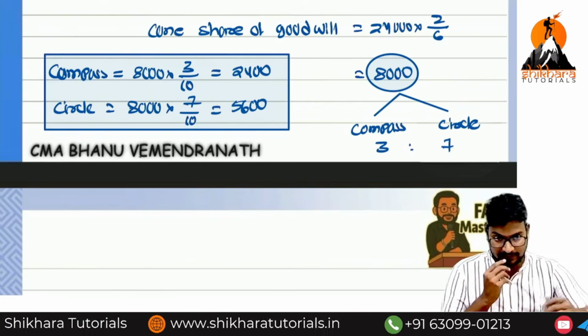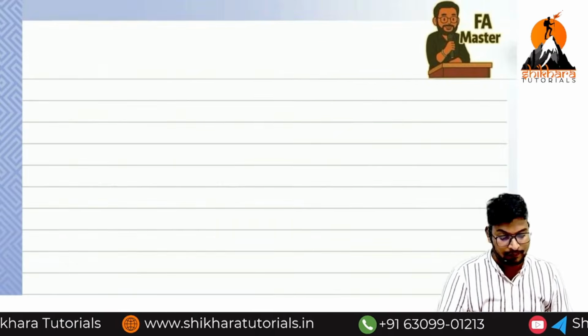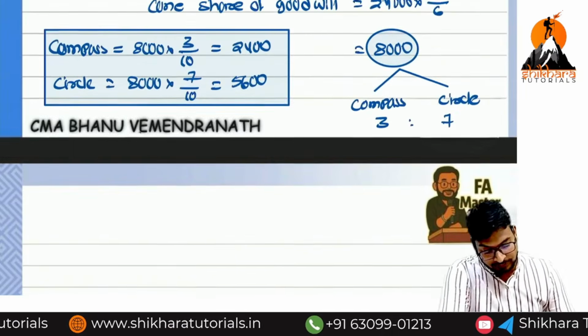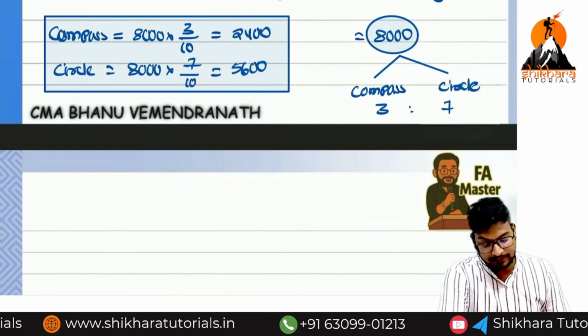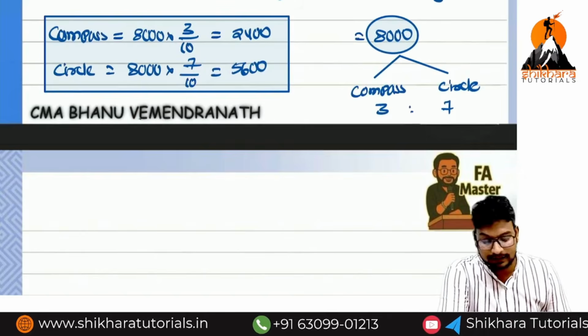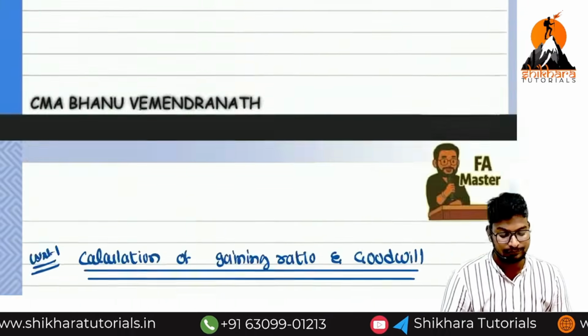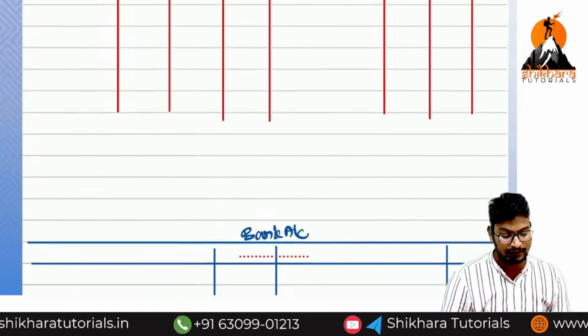Okay guys, what is the entry? Compass capital account debit, Circle capital account debited too. Directly we can post, no problem. What are the opening balances?